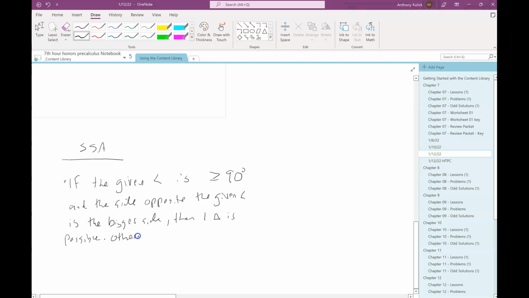Otherwise, there's 0 triangles possible. So for right triangles or obtuse triangles, it's just 0 or 1 are the only 2 possibilities. You just have to make sure the side opposite our given angle is the biggest. That's all you need to check. If it's not the biggest, it's none. If it is the biggest, it's 1.